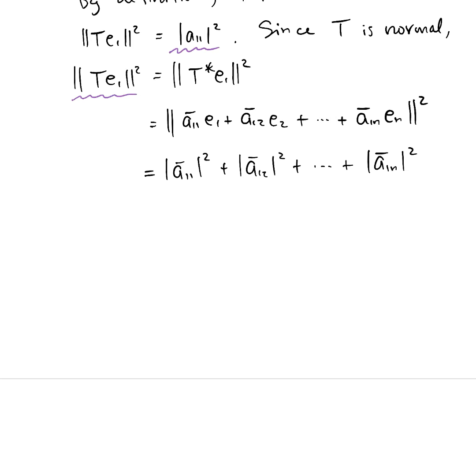Come on, do it, Retzik. Underline all that stuff. I know I did. There it is. So the double underlines have to match. They both equal norm TE1 squared. So all the stuff besides the first term in the big double underline, all this stuff in the orange brackets, that's 0, which means A12 through A1n are all 0.